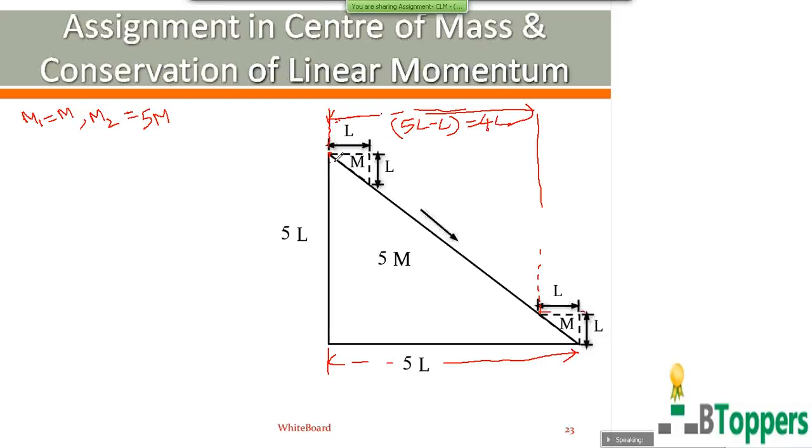Because the combination rests on a smooth horizontal floor, from conservation of linear momentum, as explained in question number 34, the smaller prism shifts towards the right in the horizontal direction. Then horizontally the bigger prism moves towards the left side. Let S1 be the magnitude of the horizontal distance through which the smaller prism moves towards the right side.